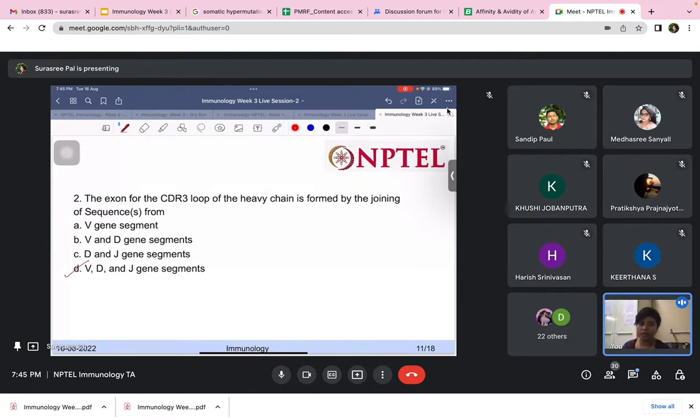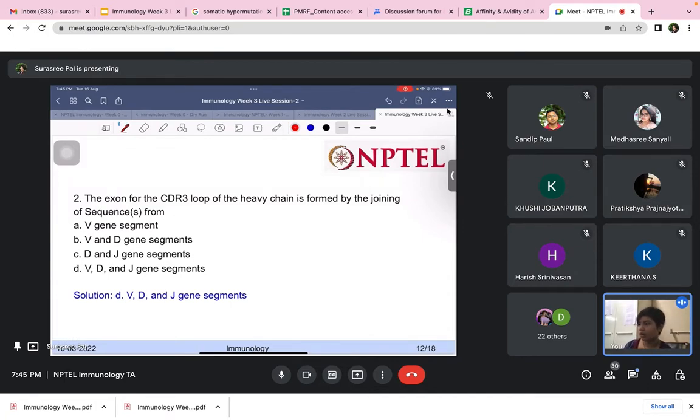This is what I was talking about from the beginning of the class, that CDR3 is encoded by 3 of these segments, whereas CDR1 and CDR2 are only encoded by V gene segment. CDR3 is encoded by V, D and J gene segments. So that is the correct solution.